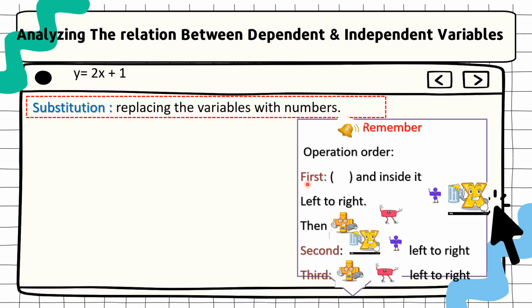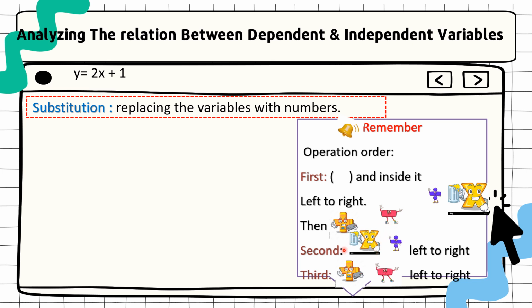First, we will start with the parentheses. Inside the parentheses, we will always start with multiplication or division left to right, then addition and subtraction left to right.